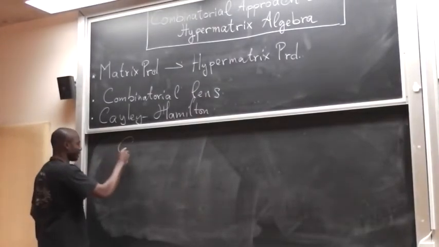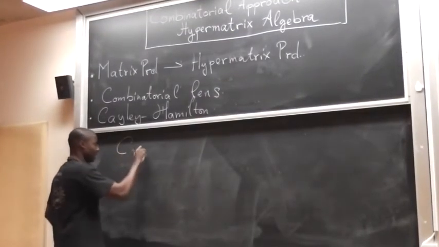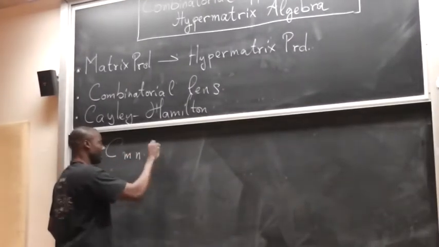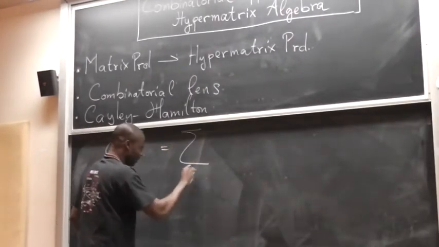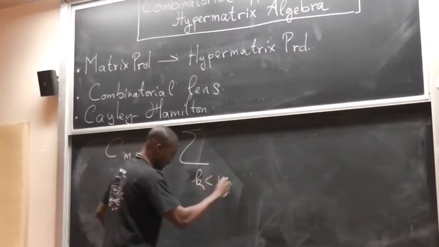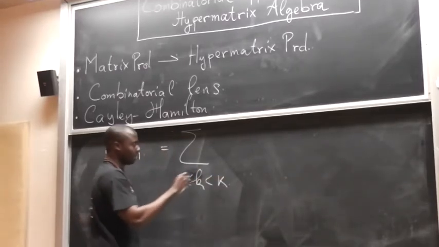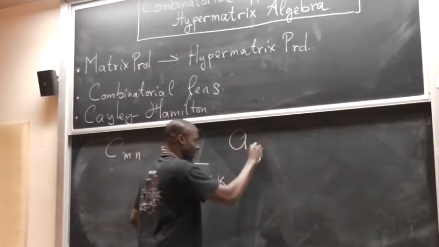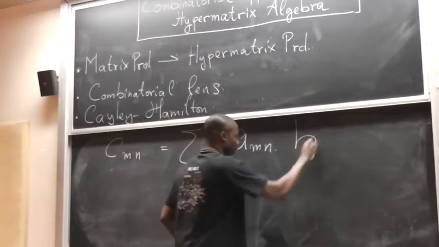So typically, here's as I start. I want to compute the entry C_mn. I'm going to write sum over k. Let me start at 0. And here's the typo I'm going to make on purpose.